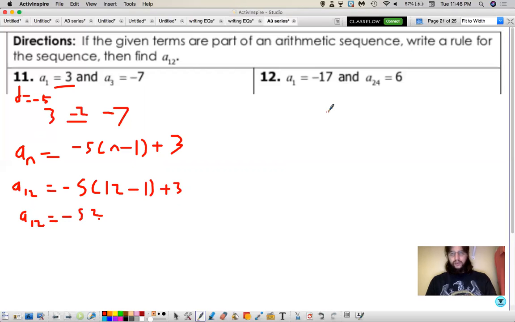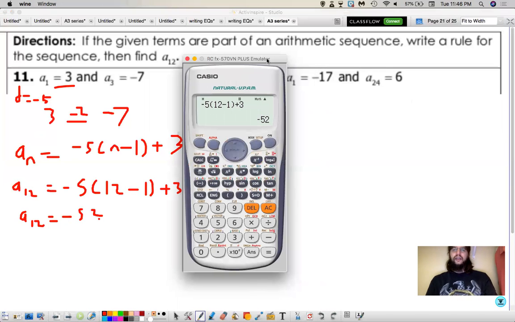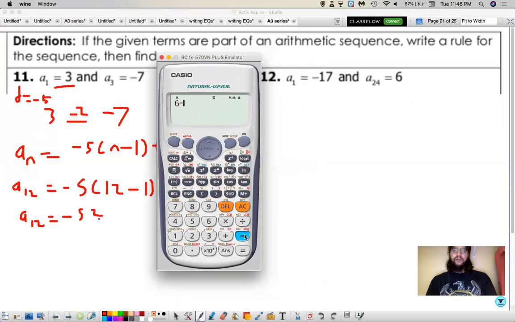So if we think about what's going on here, I'm starting at -17, and 24 spaces later, I'm at 6. Shoot, that's a lot of spaces. Well, how many spaces is it? It's 23 spaces, right? We've got 23 blanks to fill. So 6 minus -17, that's how much we've got to move.